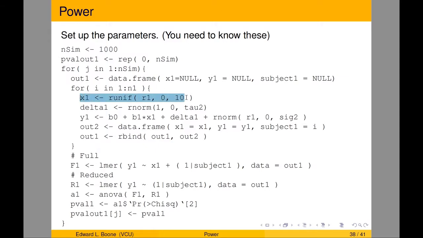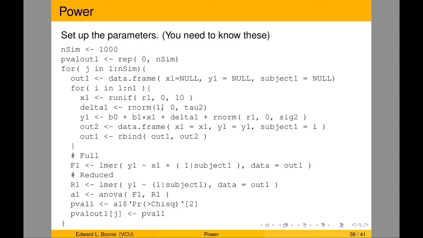So here, x1 is random uniform. How many of them? R1. Remember, R1 is the number of observations per person, and this goes from 0 to 10. We're just randomly pulling them. Delta 1 is this person's random effect. So we're going to pull one of them. Notice this is N1, so how many people we have. Pull one of them.